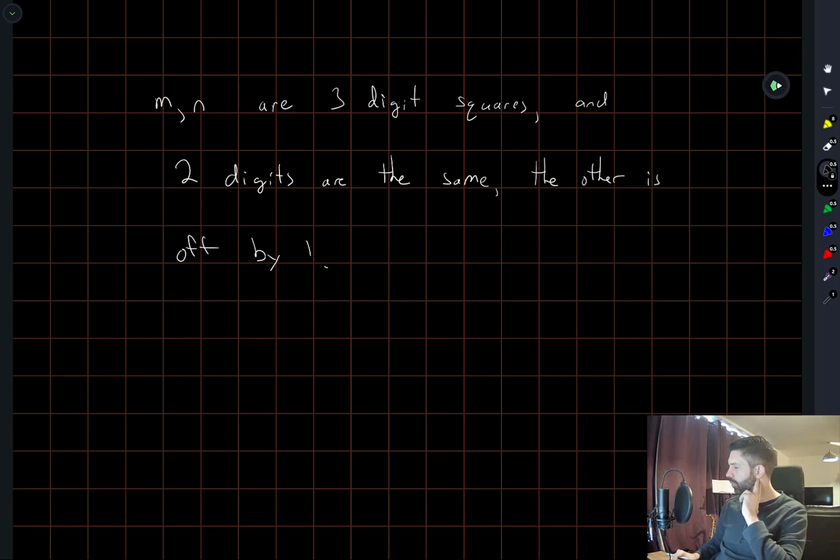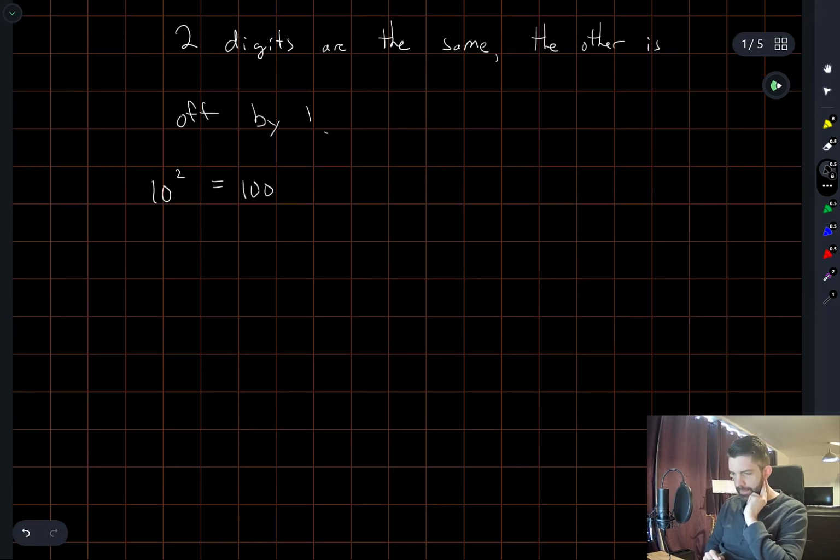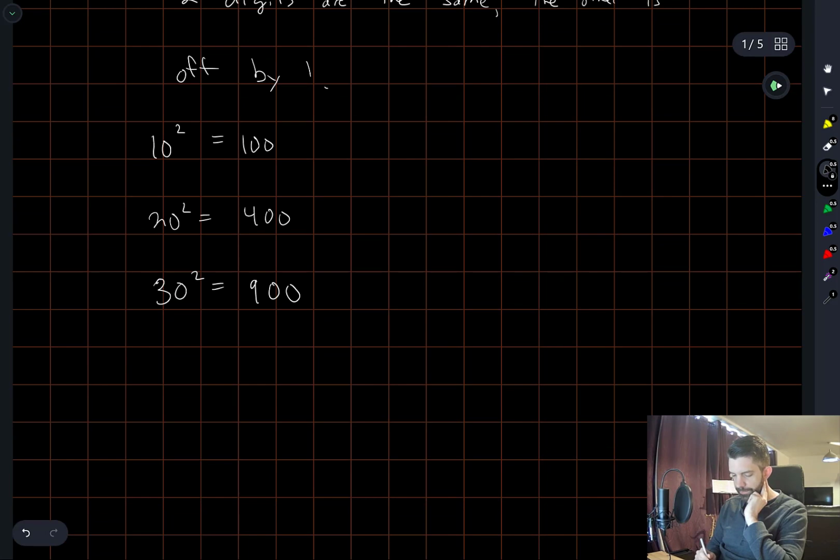So how many 3-digit squares are there? 10 squared is 100. 20 squared is 400. 30 squared is 900. What's 31 squared?